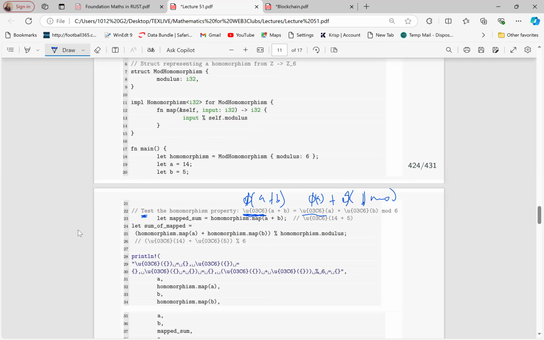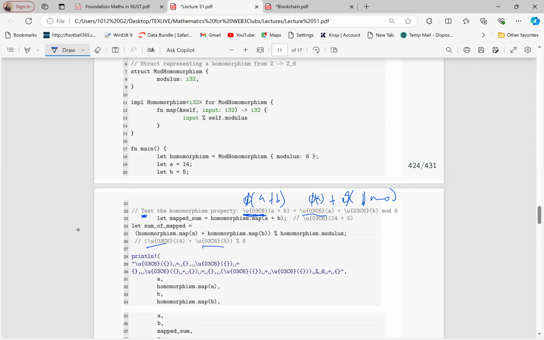It's the same thing here. But now, this is where the calculation is taking place. Test the homomorphism. It's just testing the homomorphism property: phi of A plus B, to see whether it gets phi of A plus phi of B. So this is a calculation.